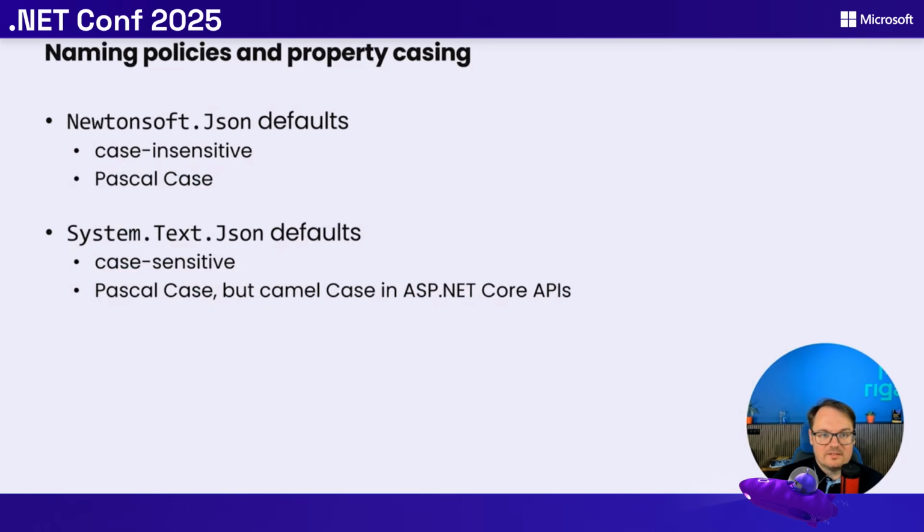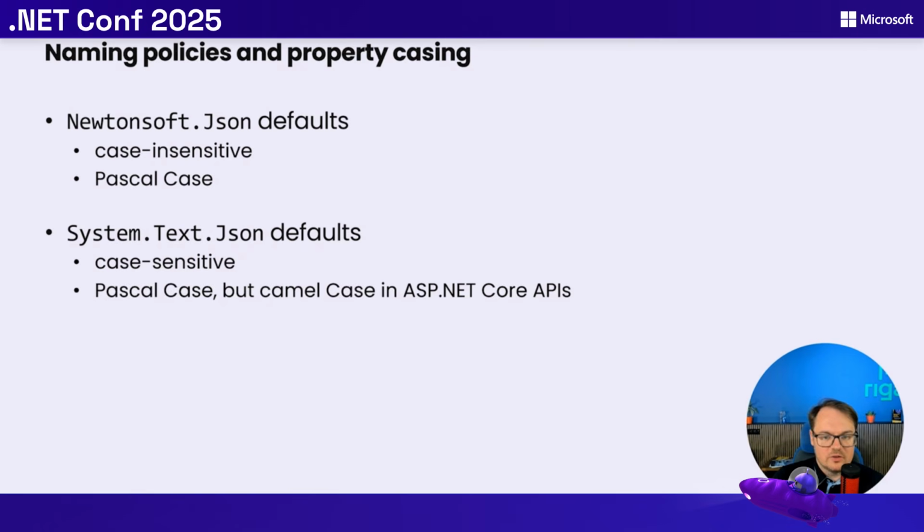Another issue is the naming policies and how the casing of property names is solved in each library. If you try to use these libraries in a standalone version, like calling JsonConvert or JsonSerializer.Serialize, then the defaults are quite similar. Both are using Pascal case, so the same name as the C# property would appear in the JSON.